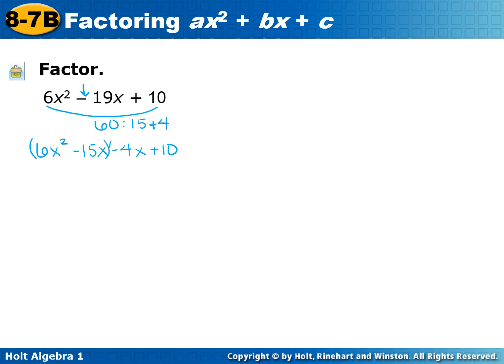I can group and factor. Remember, since this 4 right here is a negative, I have to take out a negative 2. Oops, this should be a 2 also. Sorry.